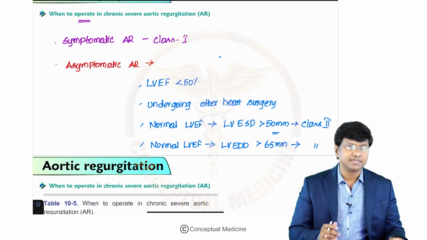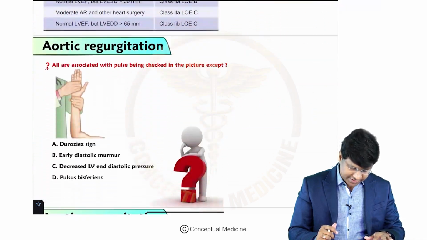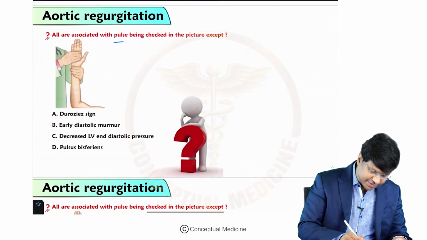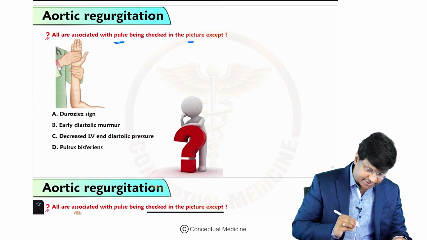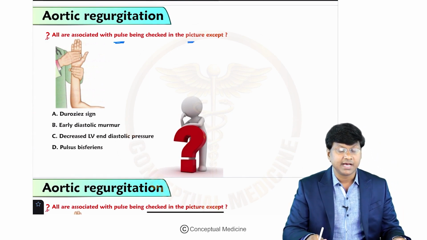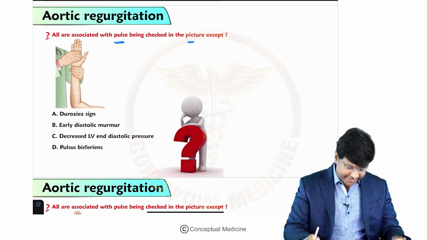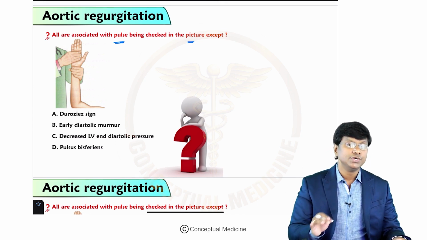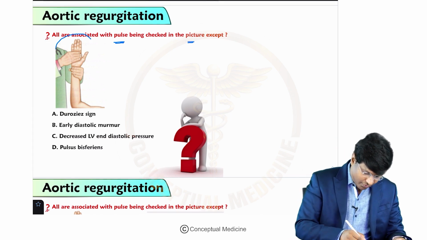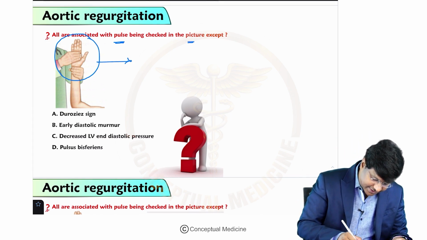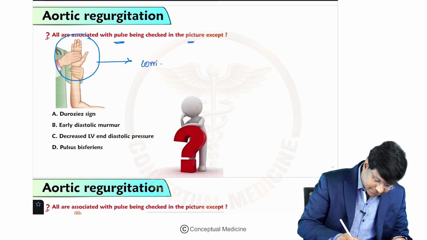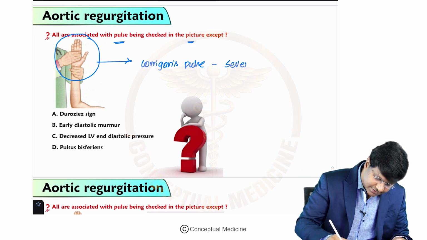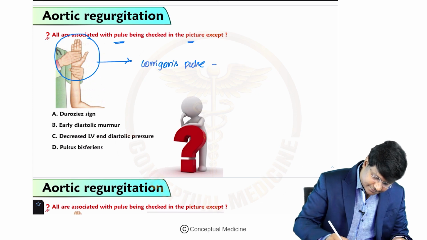Now, after having discussed the treatment of aortic regurgitation, you just see this question. All are associated with pulse being checked in this picture except: Durozier's sign, early diastolic murmur, decreased LV end diastolic pressure, pulsus bisferiens. So let me tell you that whatever you are eliciting here, it is the Corrigan's pulse. And this Corrigan's pulse is seen in aortic regurgitation.